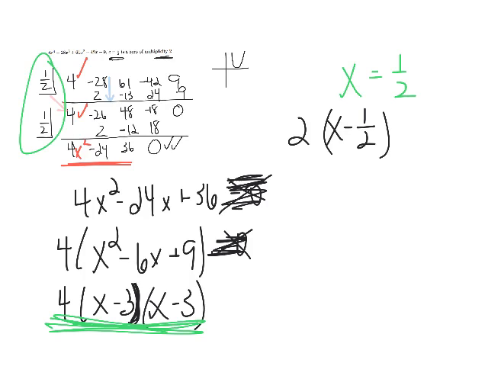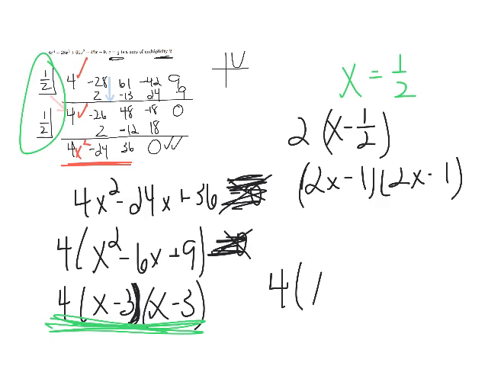So that's a factor, and that's a factor twice. Okay? So when you do this, you've got 4 times x minus 3 squared, and then you can have a 2x minus 1 squared.